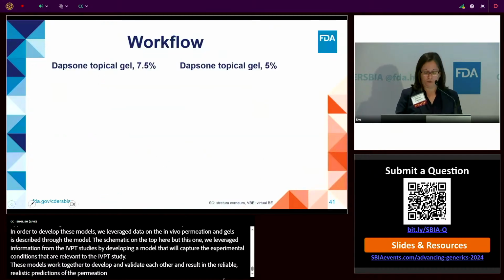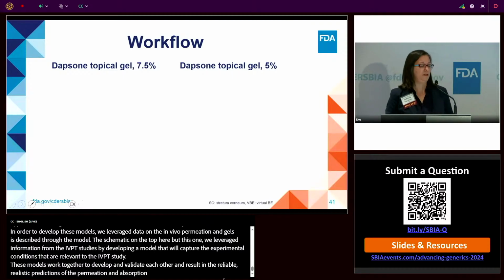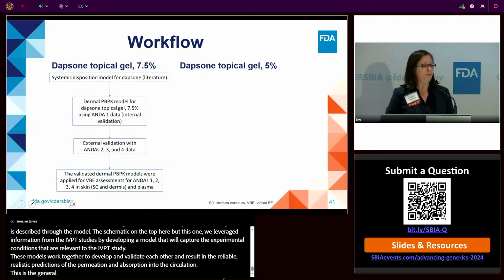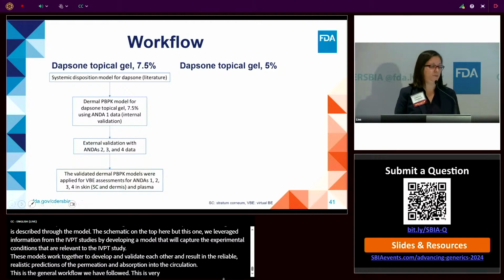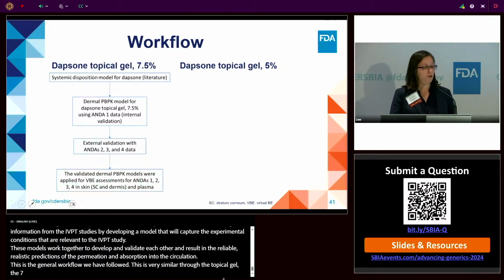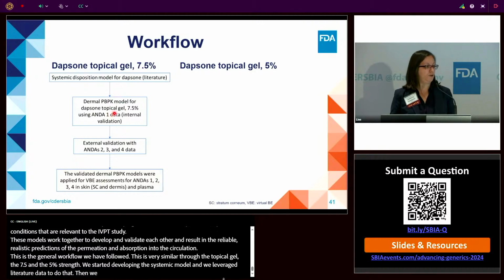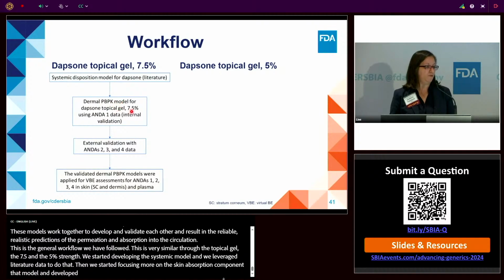So this is the general workflow that we followed. It is very similar between a topical gel, the 7.5 and the 5% strength. So we started with developing a systemic disposition model for dapsone. We leveraged literature data to do that. And then we started focusing more on the skin absorption component of that model and developed the dermal PBPK model for the 7.5% gel.